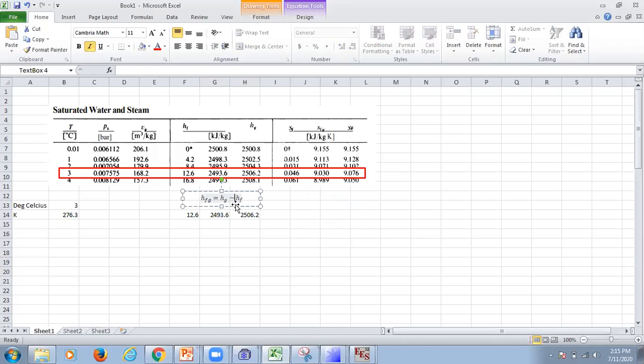Let me go to the third column here. This is sfg, the specific entropy, for 1 kilogram. sfg is sg minus sf.